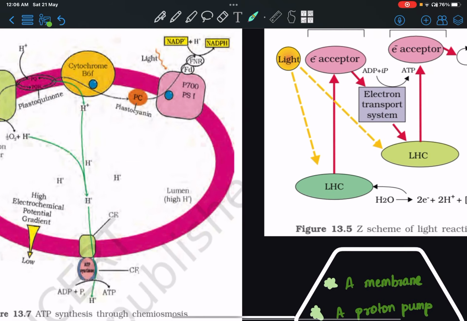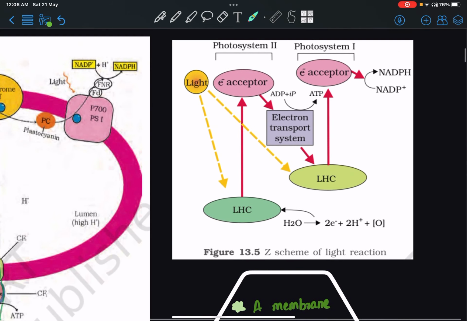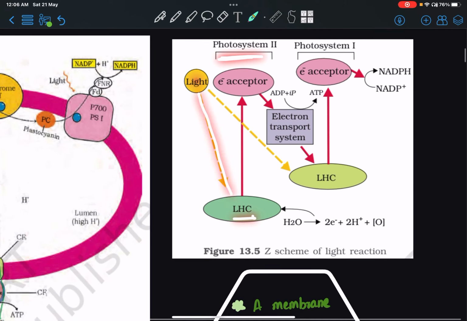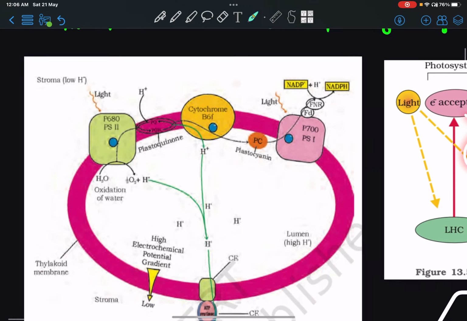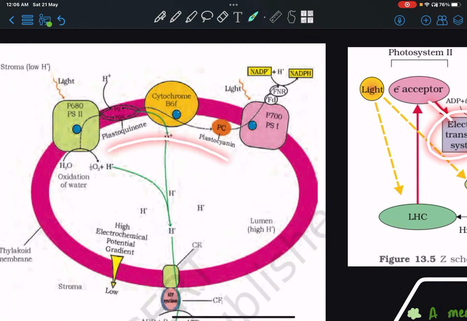Basically in this scheme we see photosystem 2, the light harvesting complex. It accepts light, and the electron goes to the electron acceptor, then you have the electron transport system. This electron transport system is being discussed in detail here.